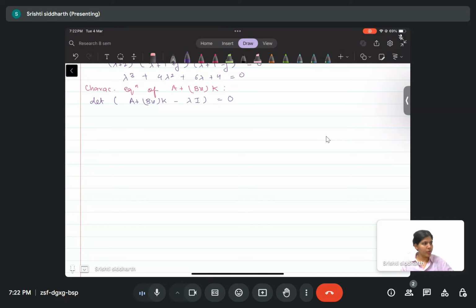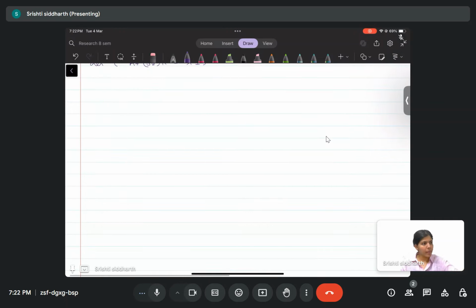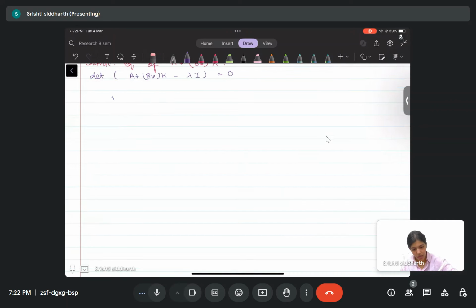Okay, so I'm just going to write this down directly. This is lambda cube minus lambda squared (K2 minus 1) minus lambda (K2 plus K3 plus 2 plus K1) minus K1 equals 0. So you can check this later.